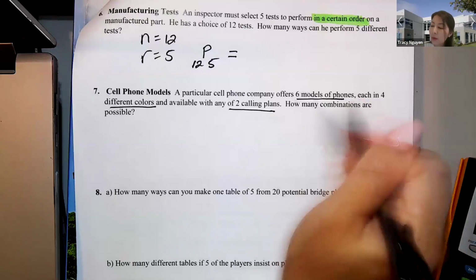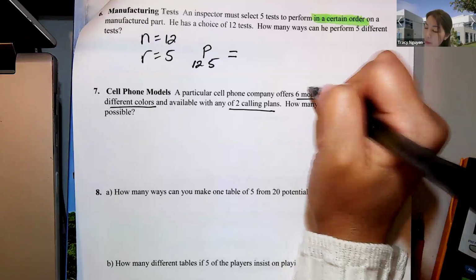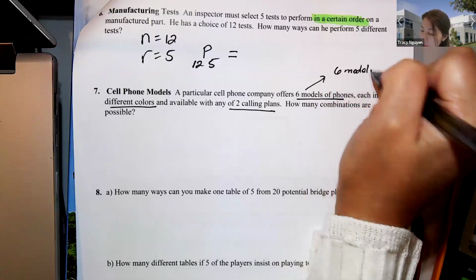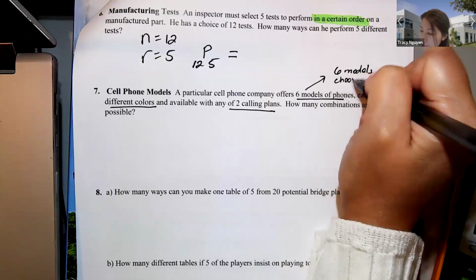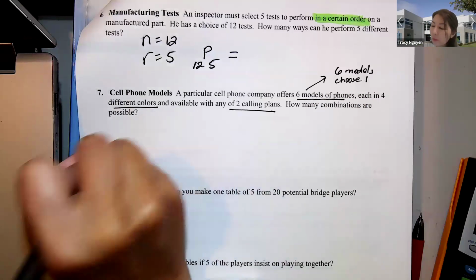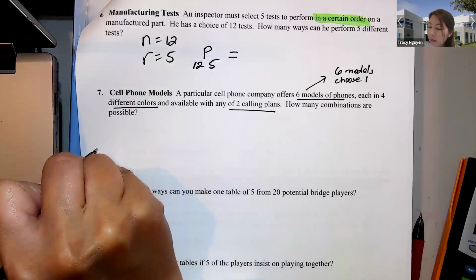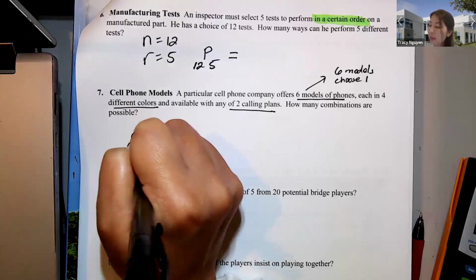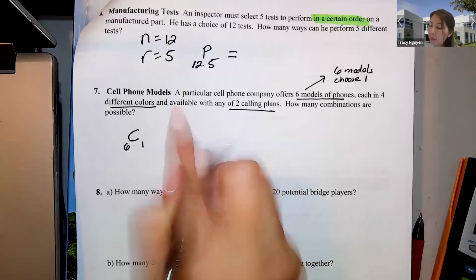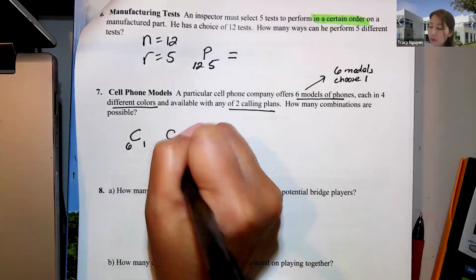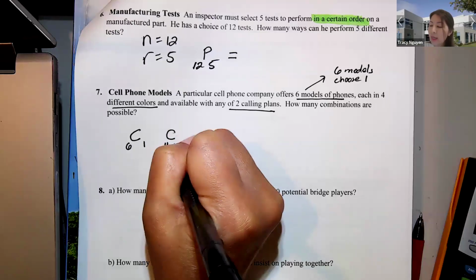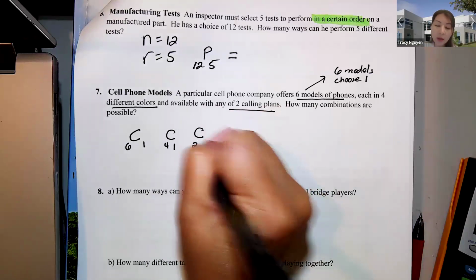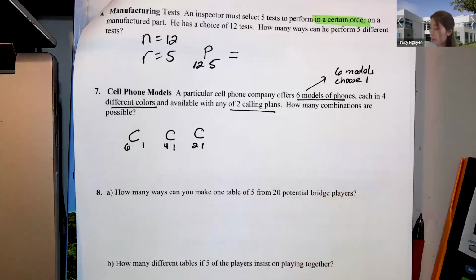There are 6 models, so 6 models, we're going to choose 1. That tells us for the models, we're going to have combination of 6 choose 1. How many colors? There are 4 colors, so 4 colors, we choose 1, okay? And the 2 calling plans, there are 2 plans, we choose 1, so combination of 2 choose 1.